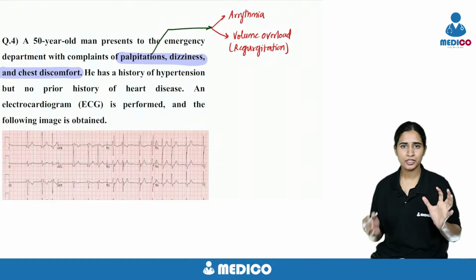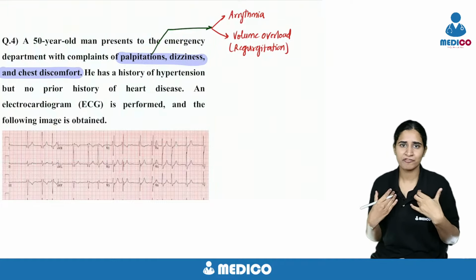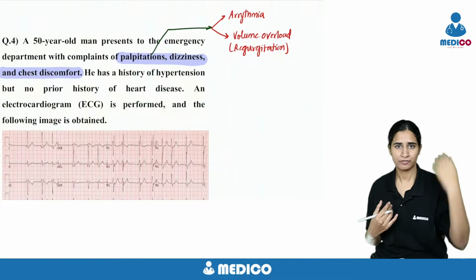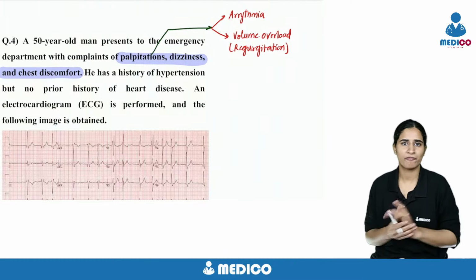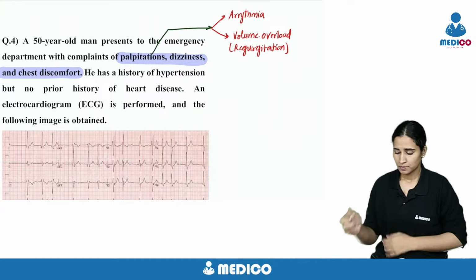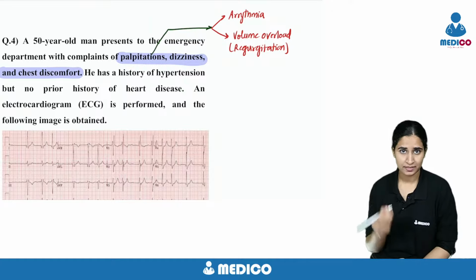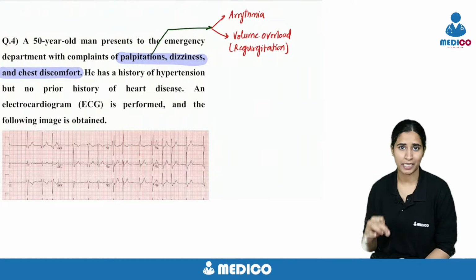Any patient complaining of palpitations, even I will have palpitations if you ask me to climb 10 floors by steps. But that is physiological. After exercise, during anxiety, anybody will get palpitations, but this is a pathological palpitation.